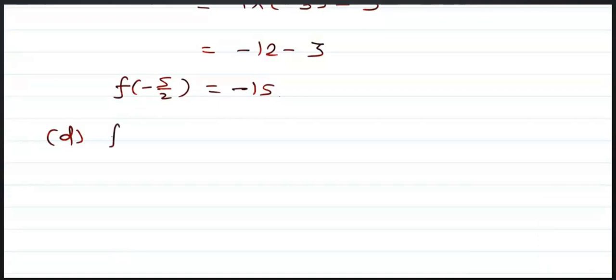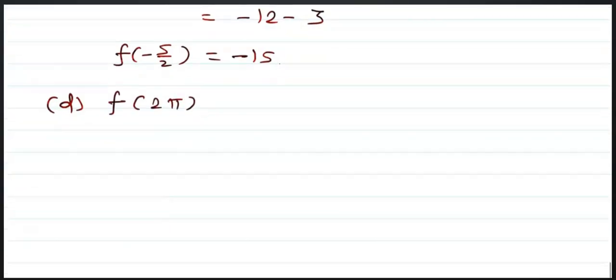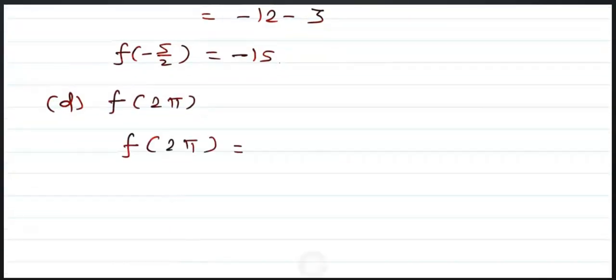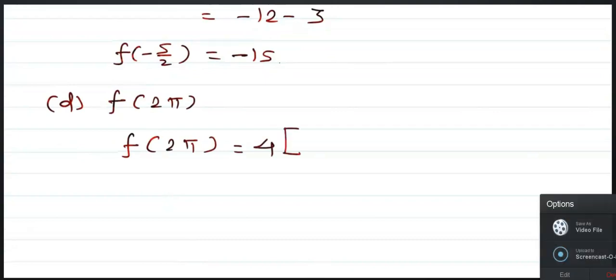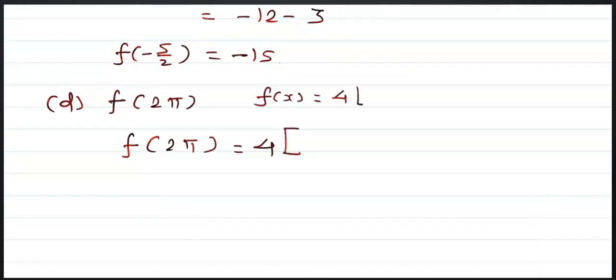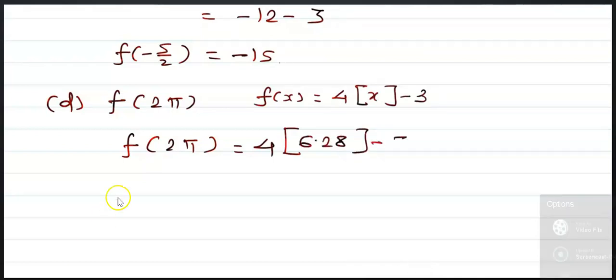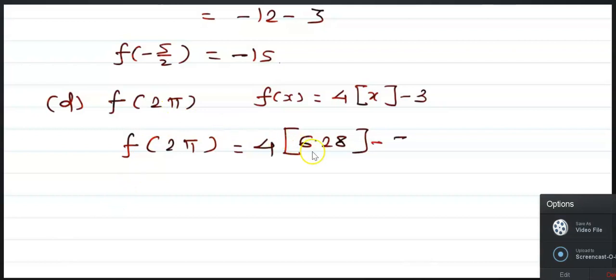Now next D is f of 2 pi. Therefore, f of 2 pi is equal to 4 in bracket, this is our function, and 2 pi means 3.14 into 2. That is 4 in bracket 6.28 minus 3.